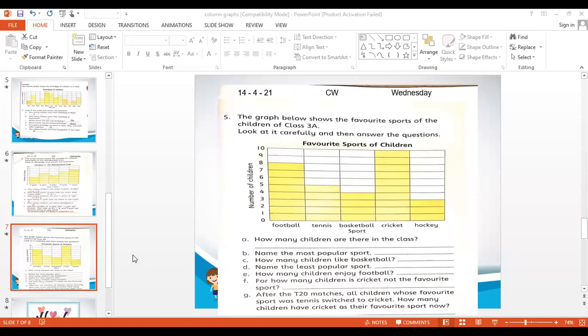After this, our chapter Handling Information will be complete, both the pictograph and the column graph. When the dates are given to you for submission of books and copies, you will submit these books. Right now I am going to finish the meeting.